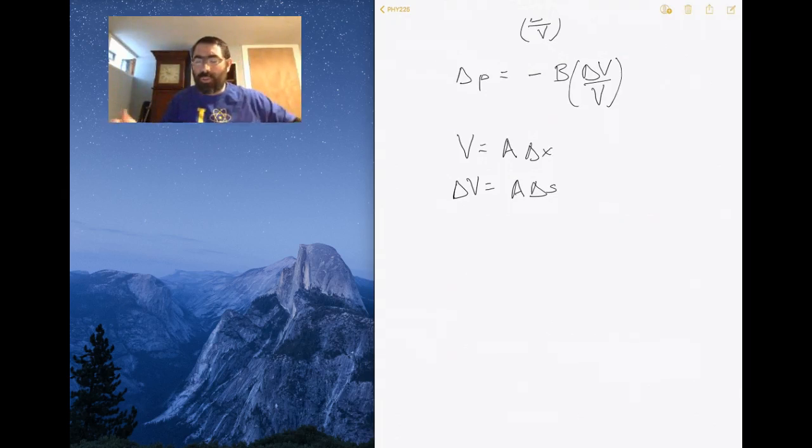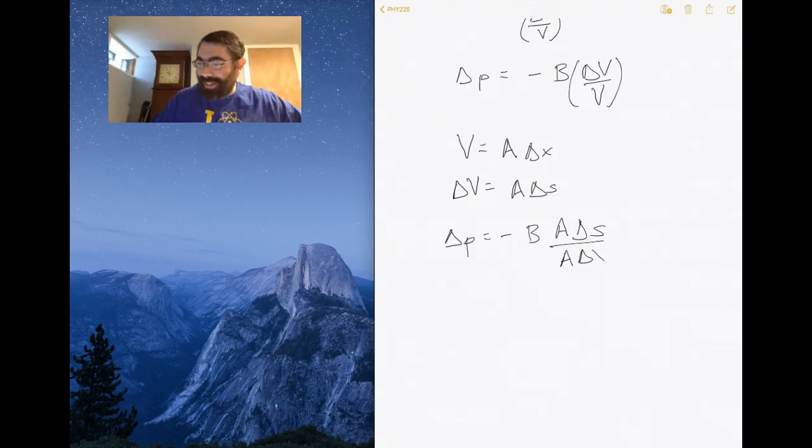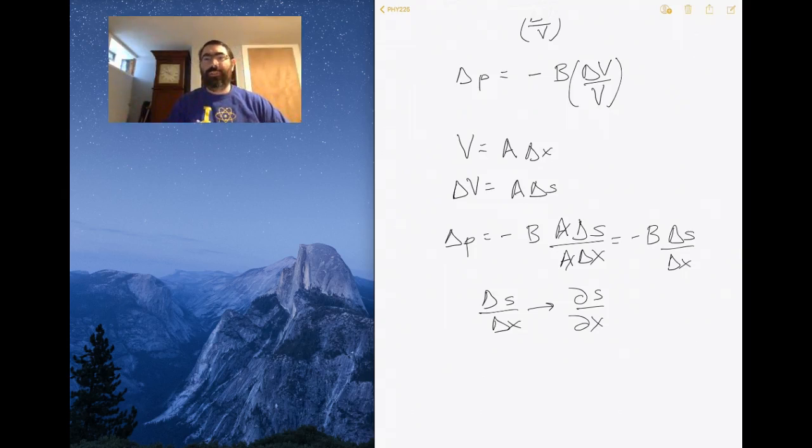We can then put that into the equation for the pressure. So I get delta P is minus B, the area delta S over the area delta X. So the areas cancel, and I get minus B delta S over delta X. And if we want to turn this into a continuous difference instead of a discrete difference, then delta S over delta X becomes ds dx.